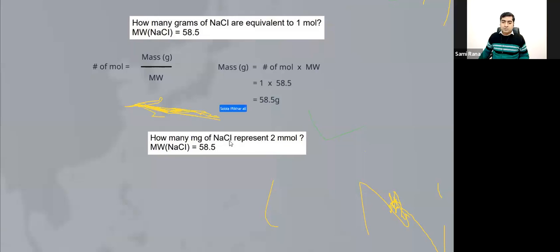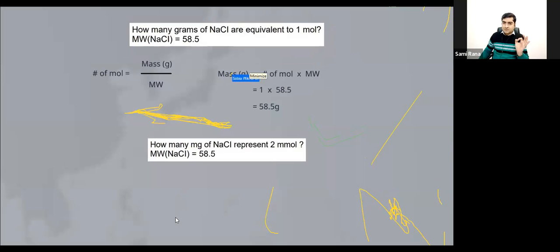The molecular weight is given. Anybody? 117, yes. Why? Because we just simply need to multiply this molecular weight with 2.